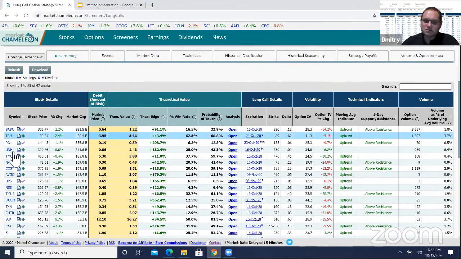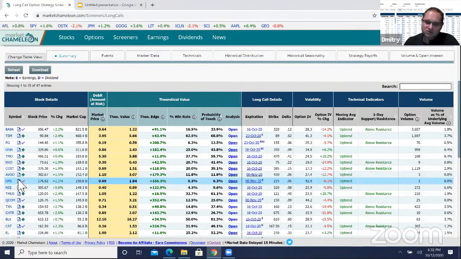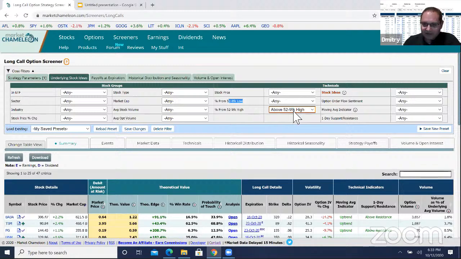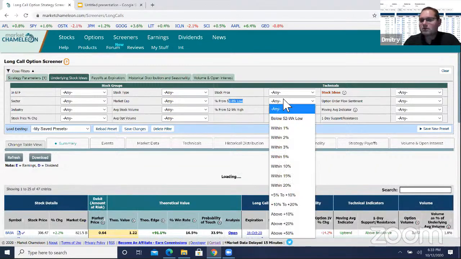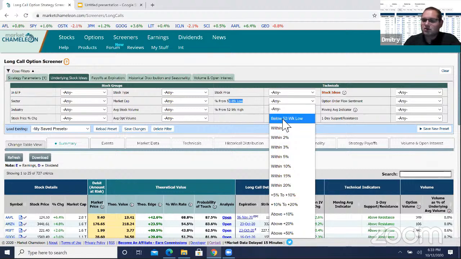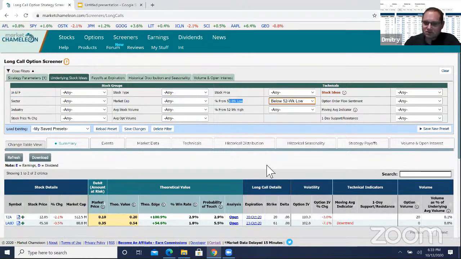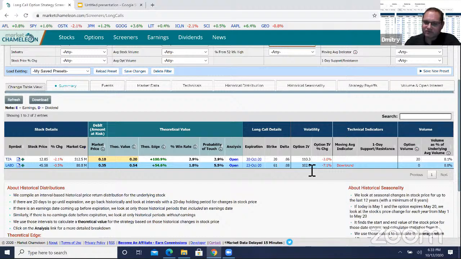So Alibaba, TSM. These are stocks that are running, making 52-week highs. Some people play that. Other people play the other way and think, well, if it's hitting a new 52-week low, maybe it'll have a bounce, and you could do that with 52-week lows.